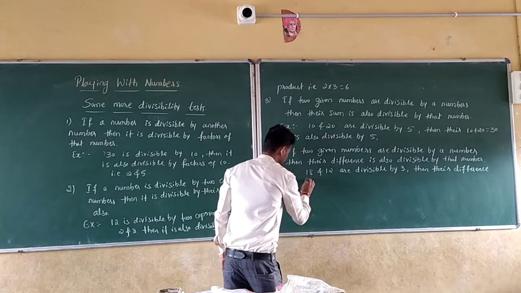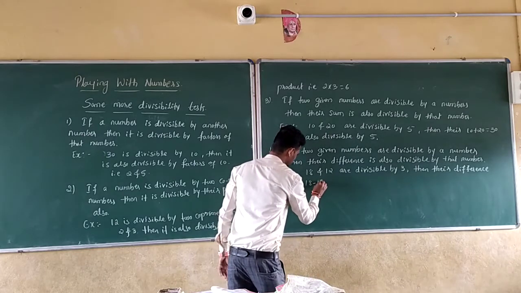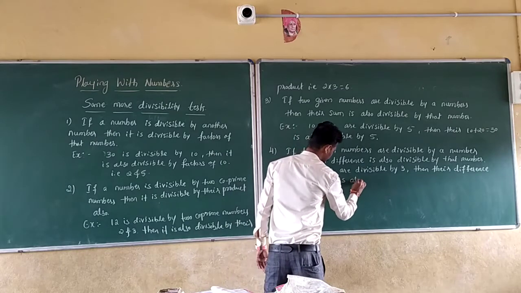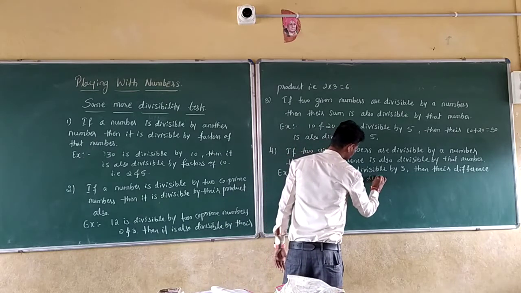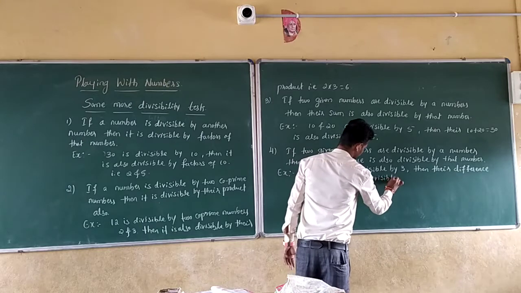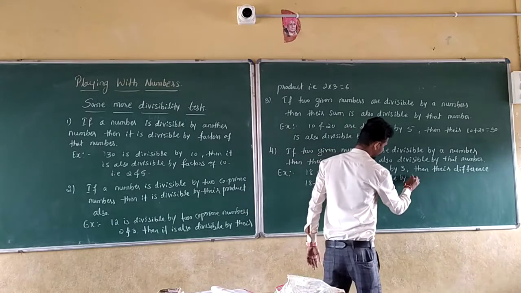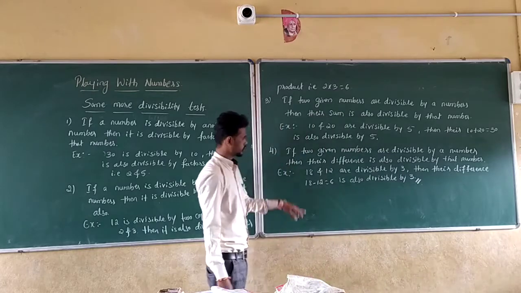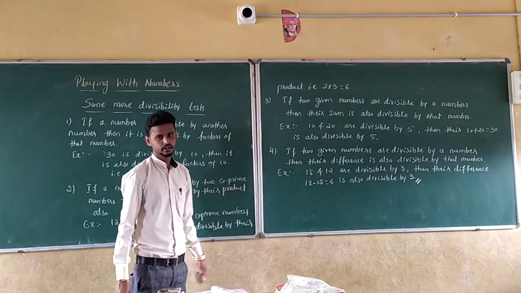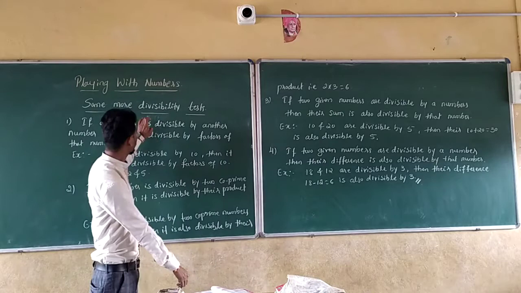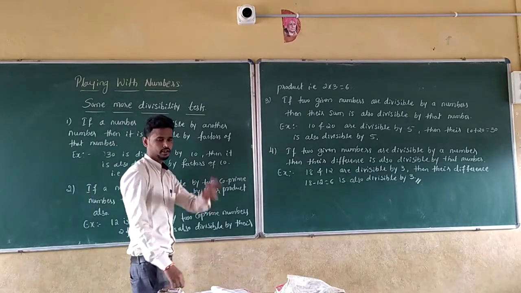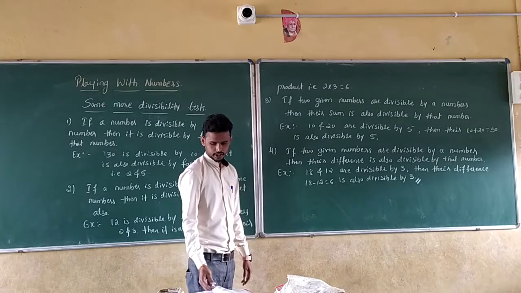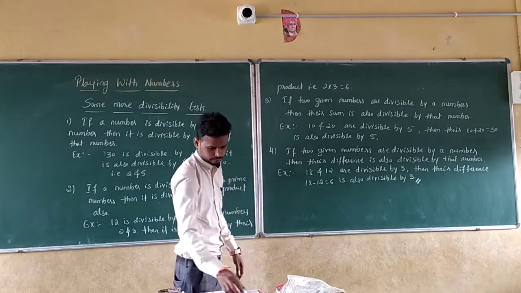Subtract those. Their difference 18 minus 12, which is equal to 6, is also divisible by 3. This is the fourth test. So this is about some more divisibility tests, means again 4 divisibility tests. You'll see the next section of this chapter.